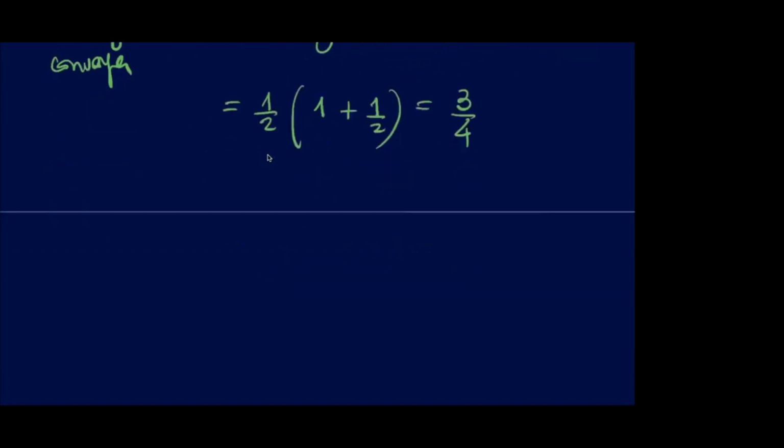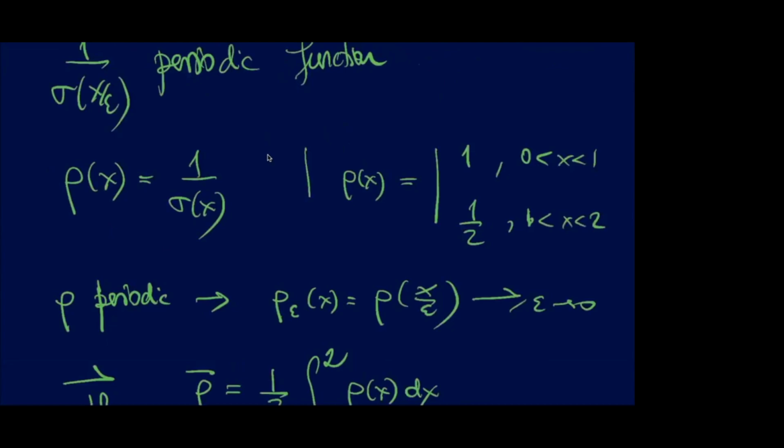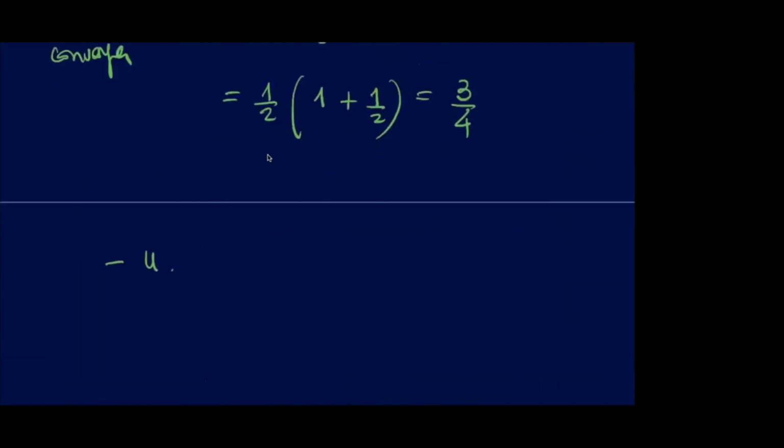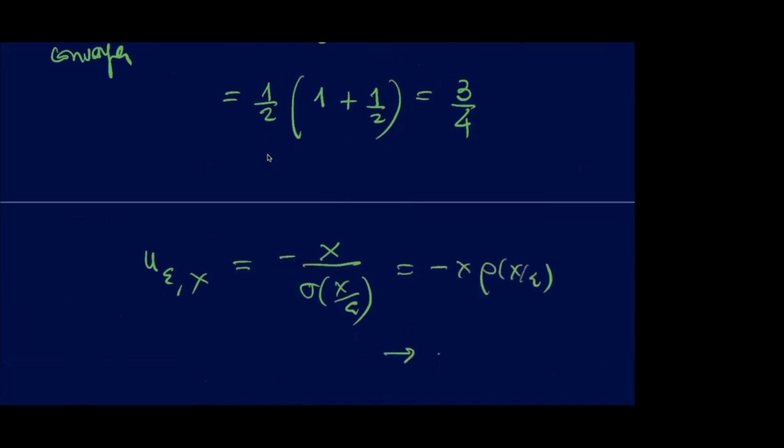So it turns out that out of this problem, u epsilon x equal to minus this, which is minus x rho x over epsilon, this converges to minus x times 3 over 4, right?